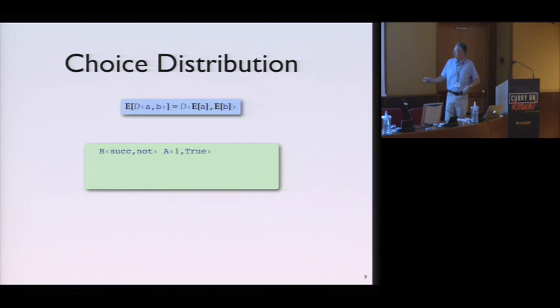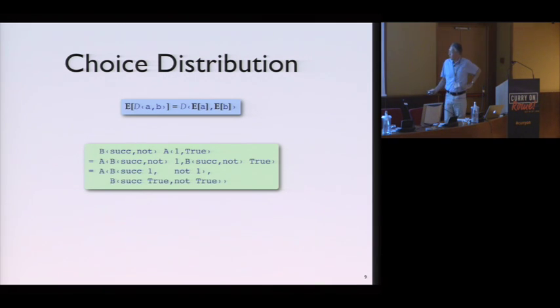If we look at this expression, we can use this law to first push the variational function into both of the alternatives of the argument. And then in the next step, we can, in each alternative, push the argument into the alternatives of the variational function.